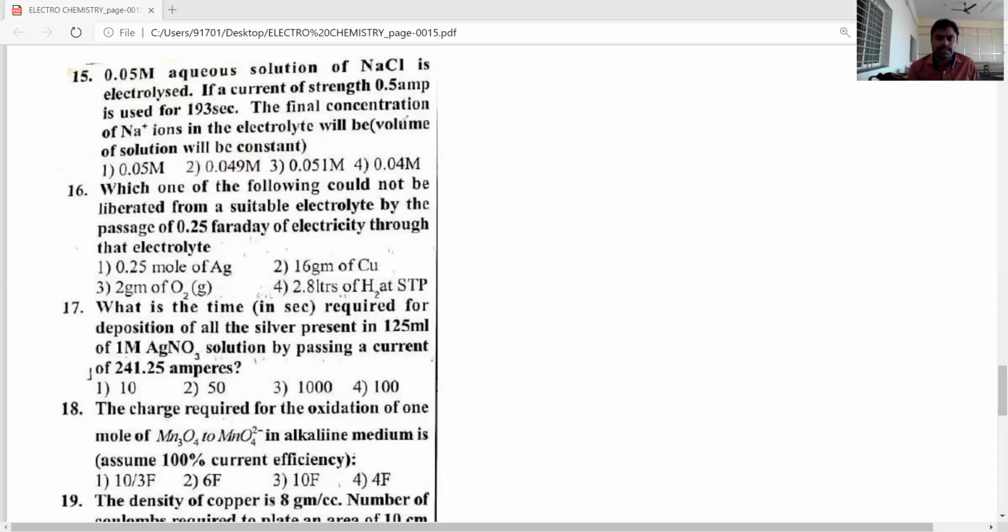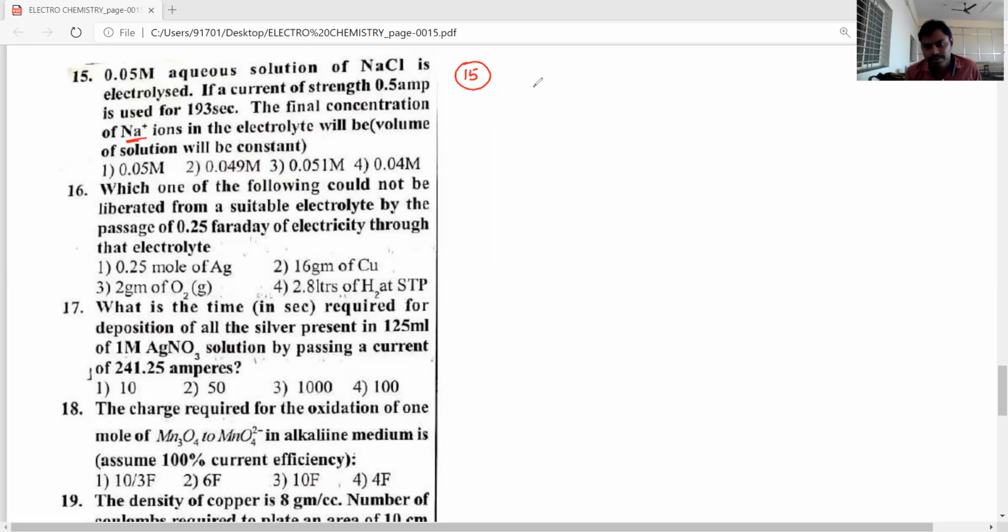Okay, 15th question. Let's see. 0.05 molar aqueous NaCl solution is electrolyzed. If the current strength is 0.5 amperes and 193 seconds have passed, finally what is the concentration of Na plus ions?